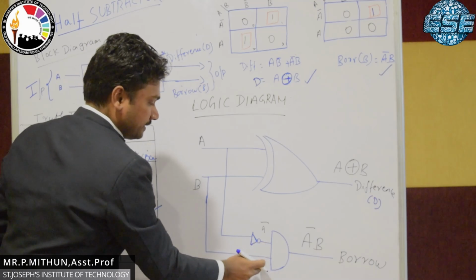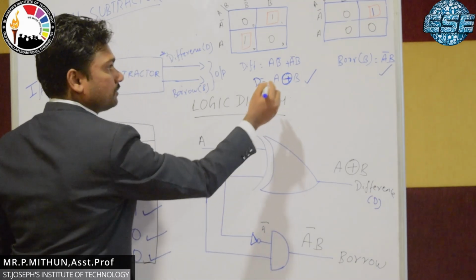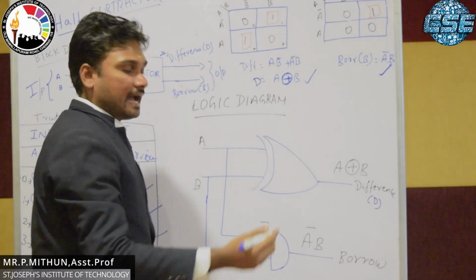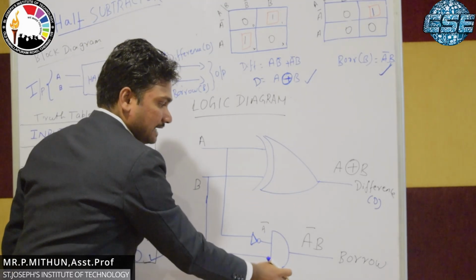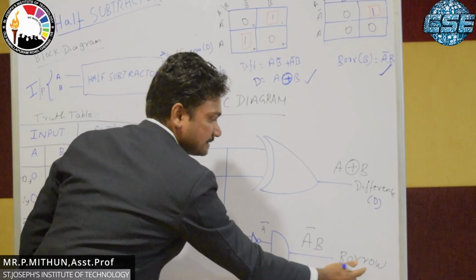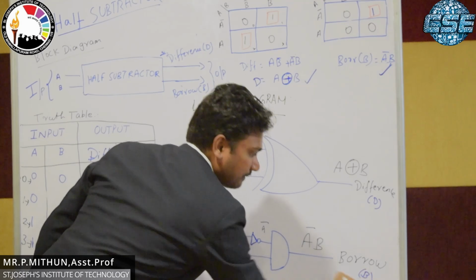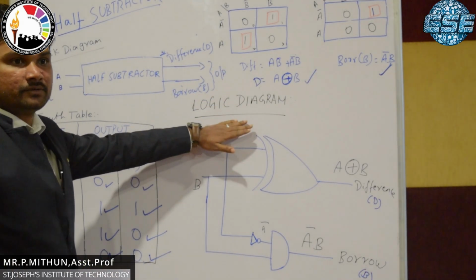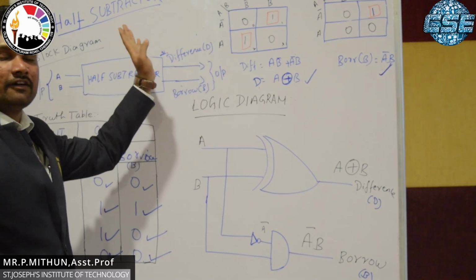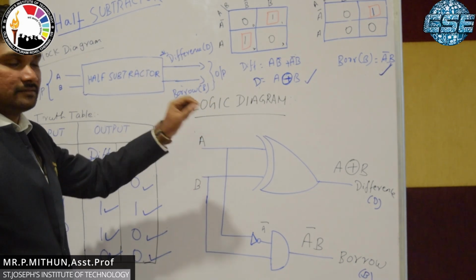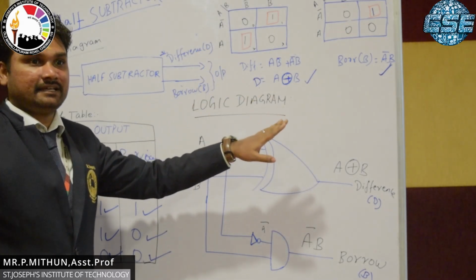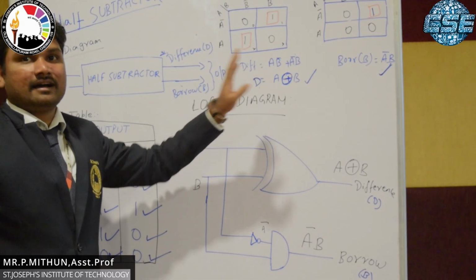So A bar into B, as the AND representation. So an AND gate is used. For this AND gate we can finalize the borrow symbol B. Okay. The same circuit is shown in the half adder also, but the only change is that the opposite of the half adder is the half subtractor.